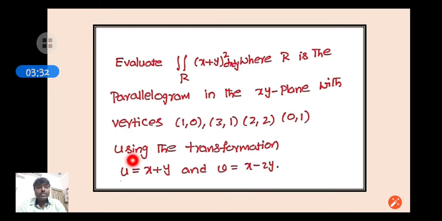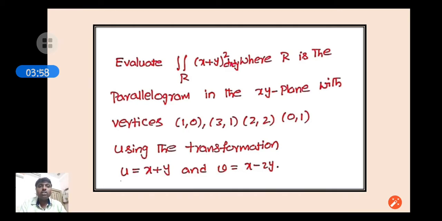Using the transformation u is equal to x plus y and v is equal to x minus 2y. So clearly they mention the transformation also. That means you have to change the variables from x comma y to u comma v by using the transformation u is equal to x plus y and v is equal to x minus 2y.